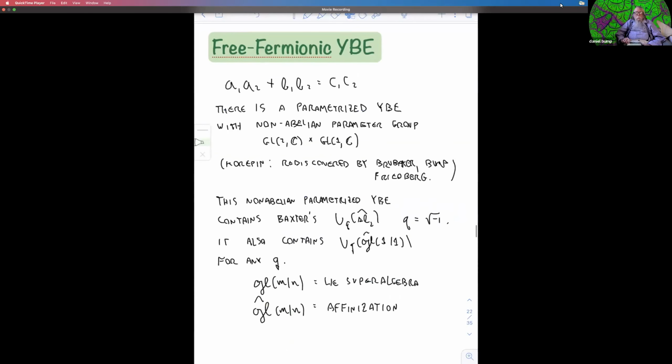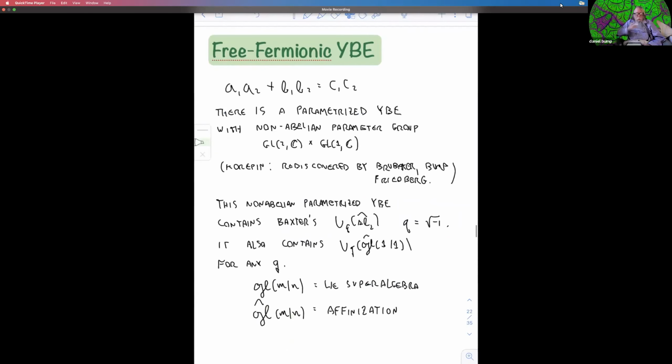So the Yang-Baxter equation now, I want to look at another example. I'm going to impose the free fermionic condition. And then there's a parametrized Yang-Baxter equation that has a non-abelian parameter group. The parameter group is GL2 cross GL1.